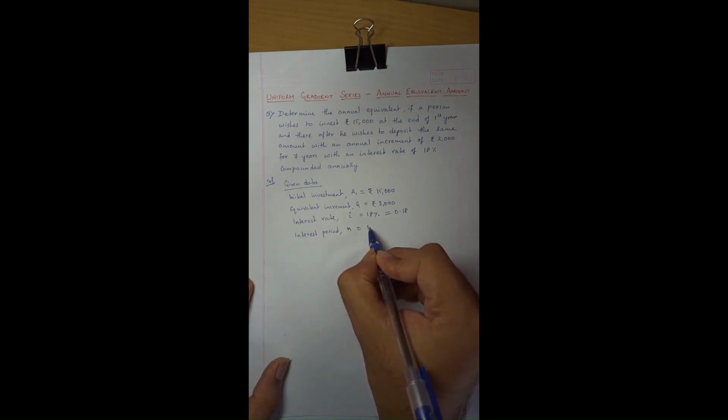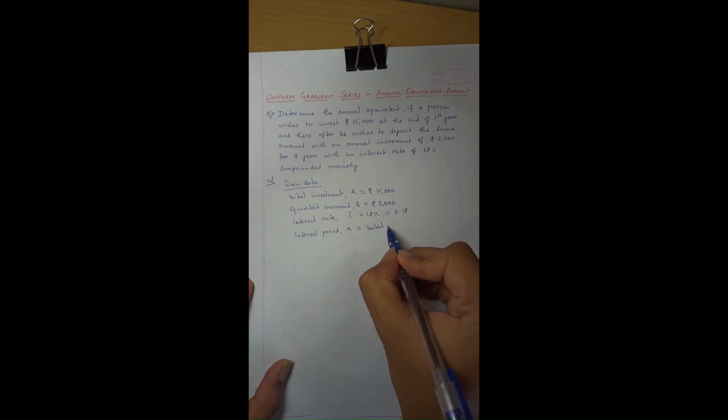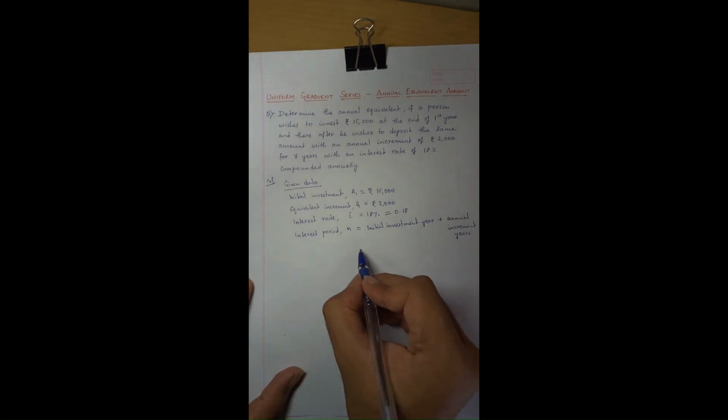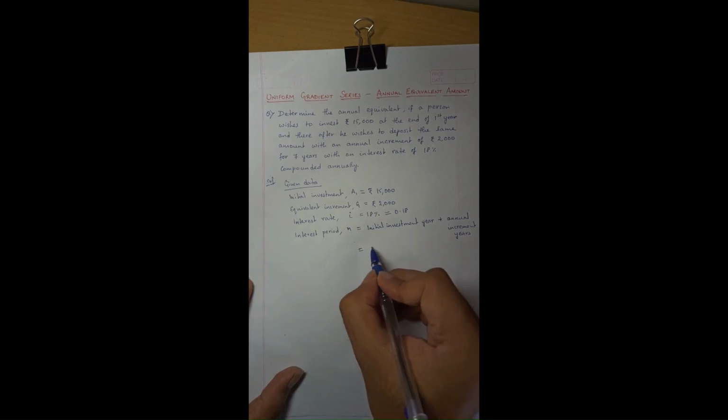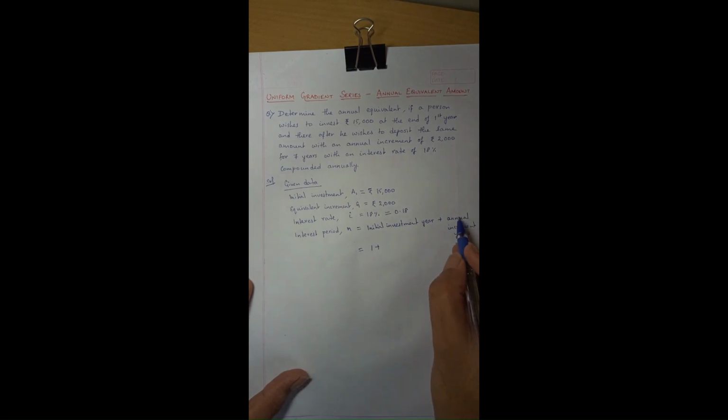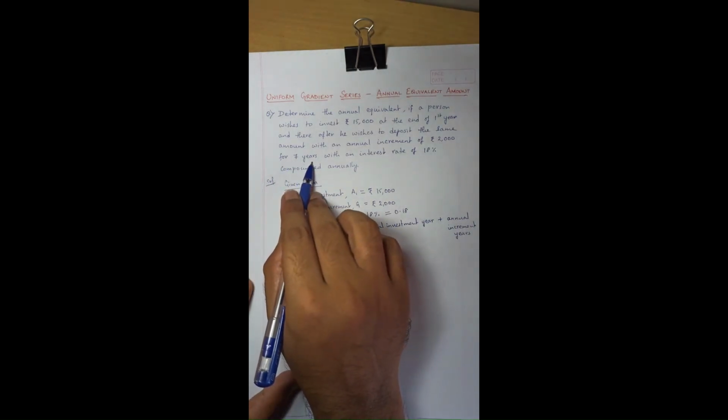initial investment year plus annual increment years, which is equal to, so initial investment is at the first year plus there are 7 annual increment years.